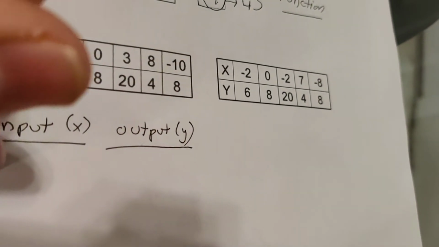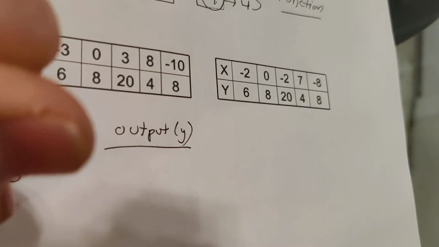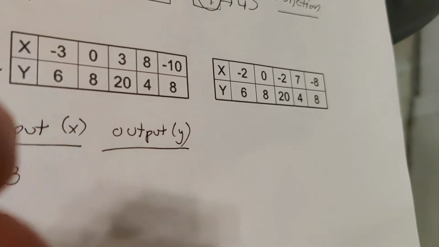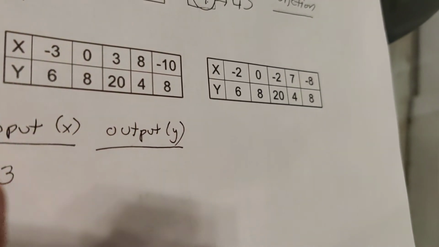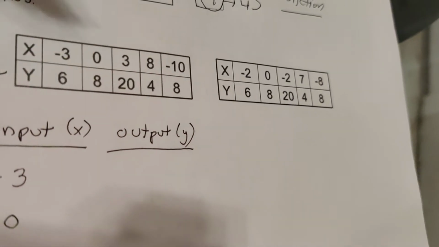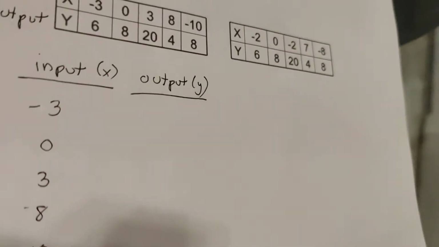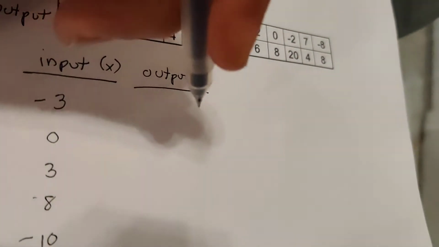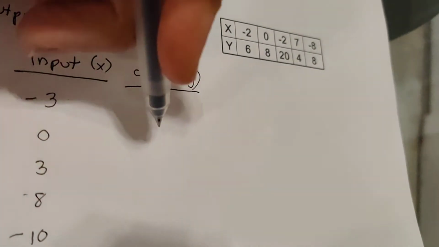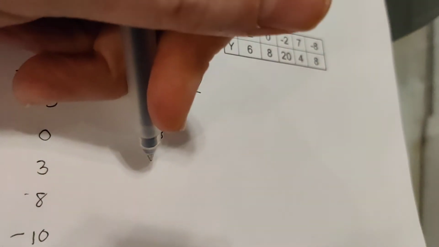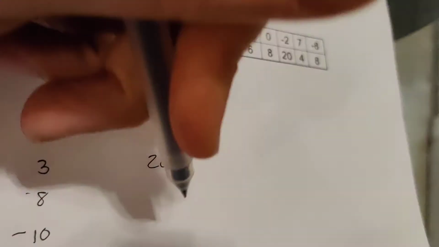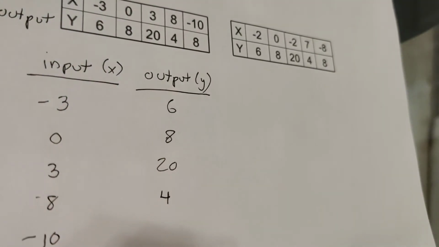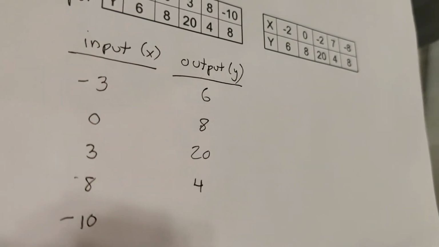All right, well, what are our different inputs? We have -3, 0, 3, 8, and -10. Okay, and then for our outputs, we have 6, we have 8, we have 20, we have 4, and notice we have 8 again. Well, we don't need to repeat that, okay?